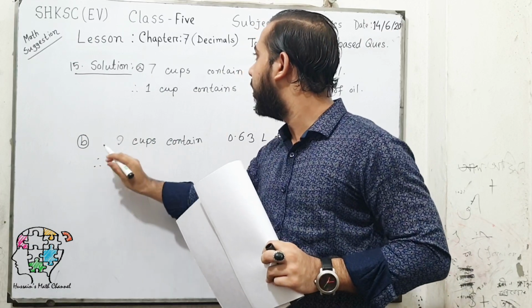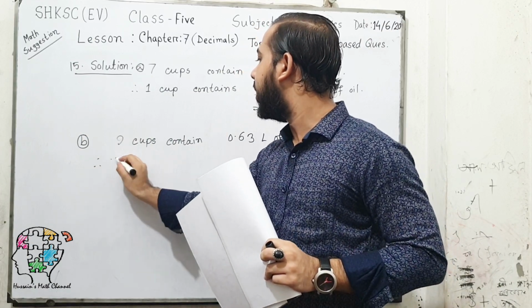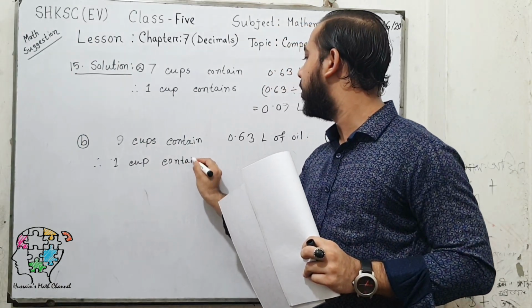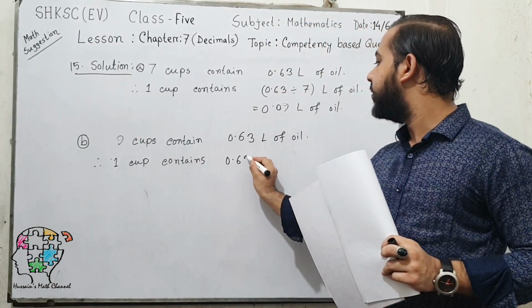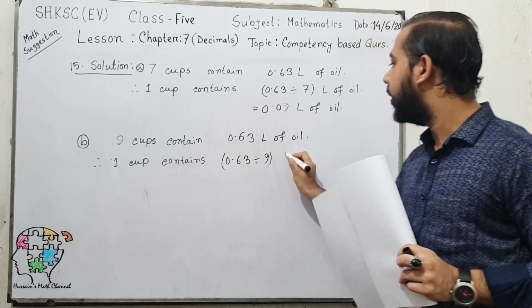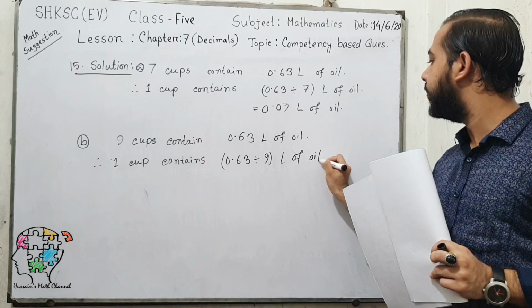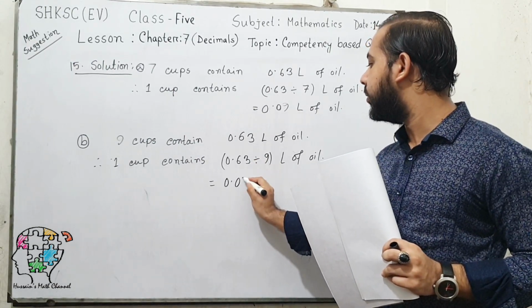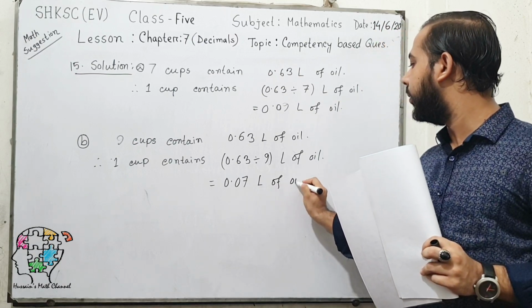Therefore 1 cup contains 0.63 divided by 9 liters of oil. So you can divide and the answer will be 0.07 liters of oil.